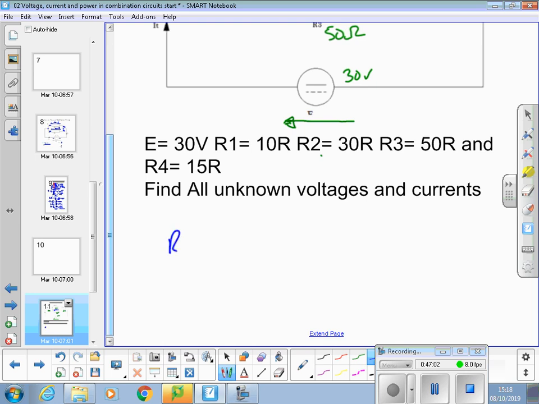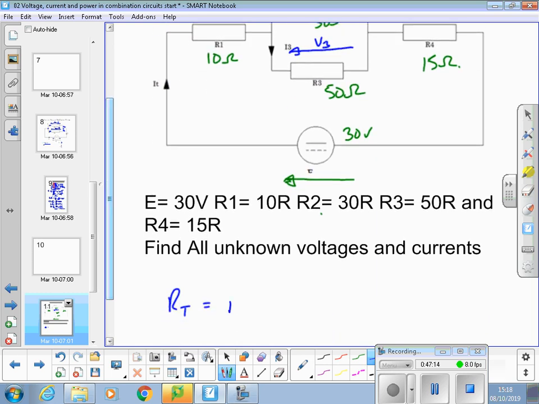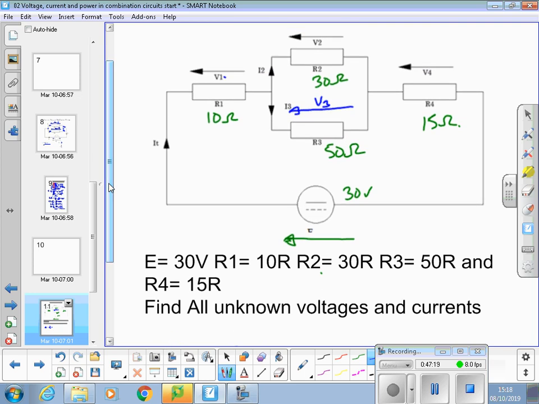With R2. Can we write an expression for the whole thing in one go? R1. How can we write an expression for the two resistors in parallel? We can use that product over sum rule, can't we?